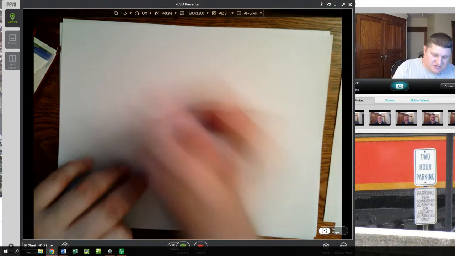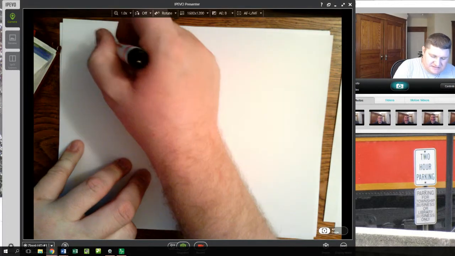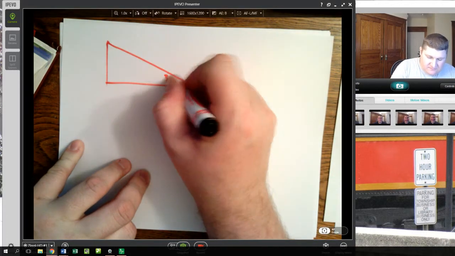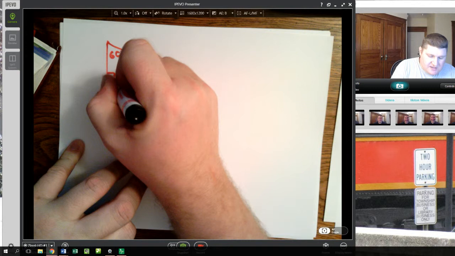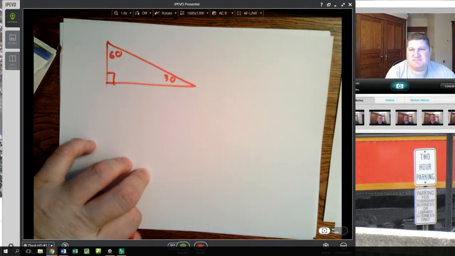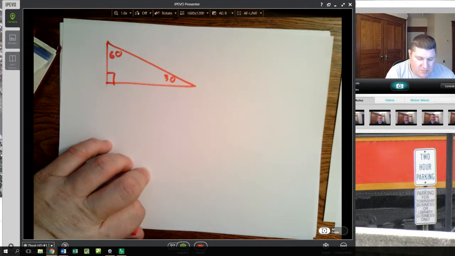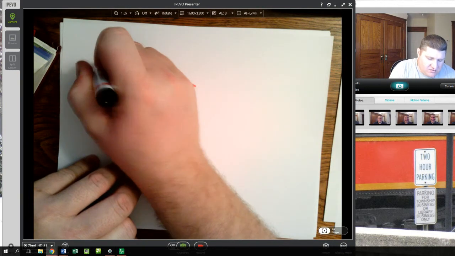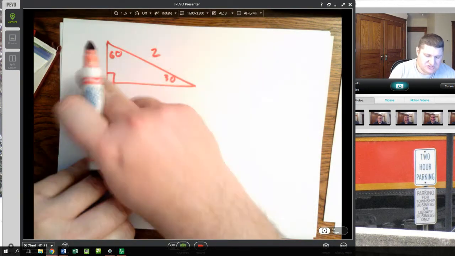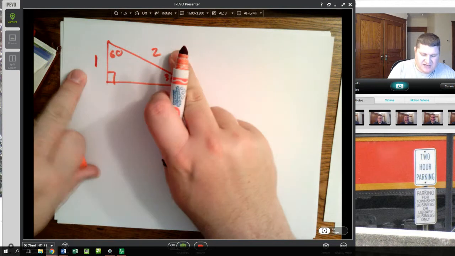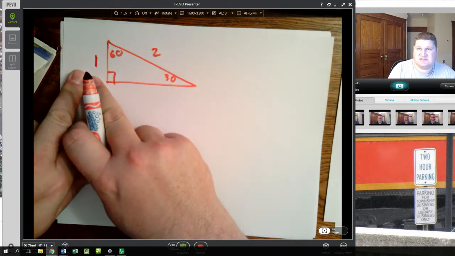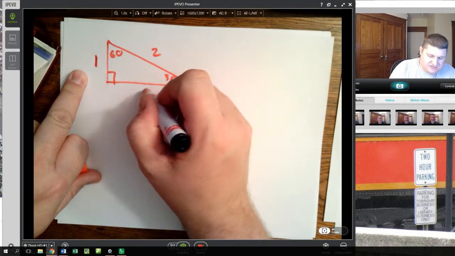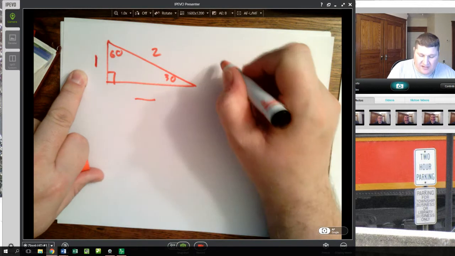I told you there was another one, and that's a 30, 60, 90 triangle. Now, this does not come out of a special shape like a square, but what it does do is, if we know any triangle where the hypotenuse is twice as long as the shortest side, then the third side has to be, well, let's figure it out.